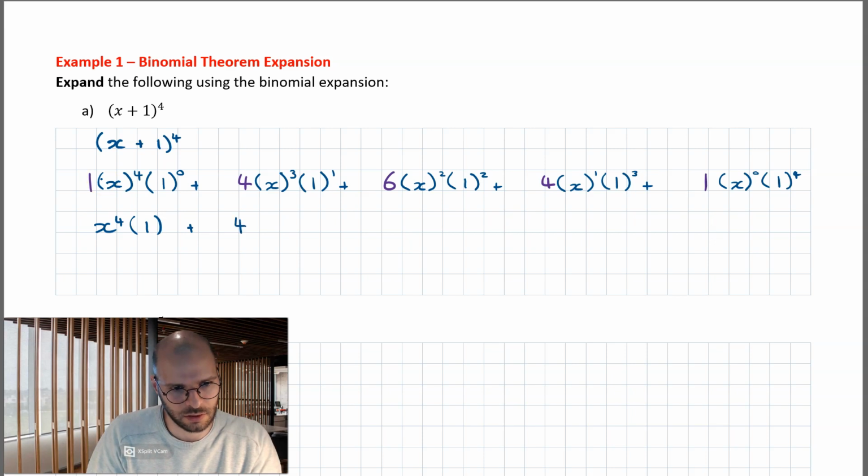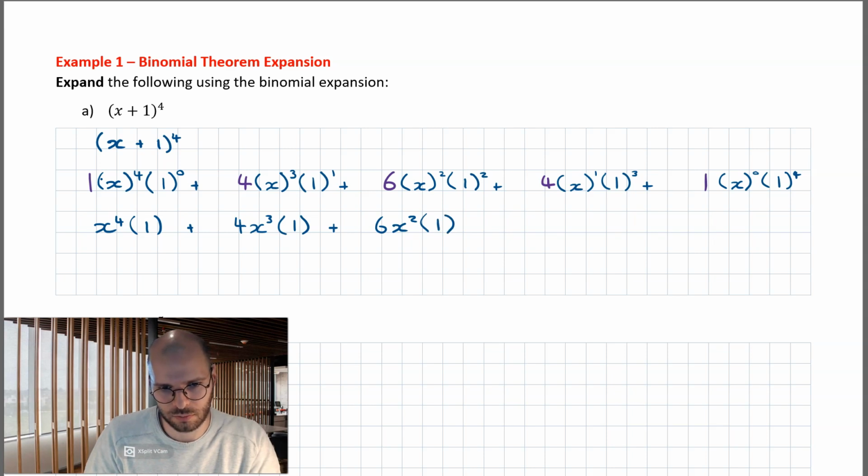Next, we have 4x to the 3, and 1 to the 1 is just 1, plus 6x to the 2, and then 1 squared is just 1, plus 4x to the 1, but I don't need to show that, so I just leave it as 4x, and 1 to the 3 is just 1. And then I can leave out the 1, and x to the 0 is simply 1 multiplied by the 1.